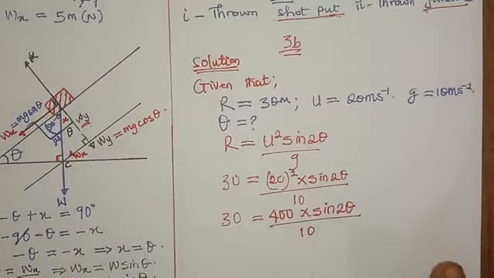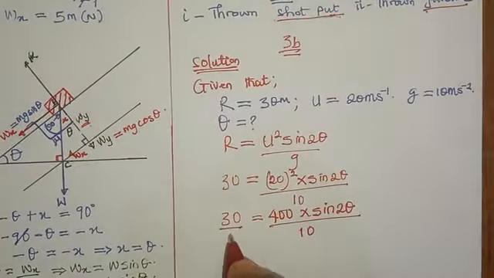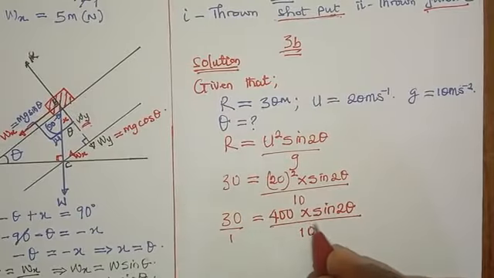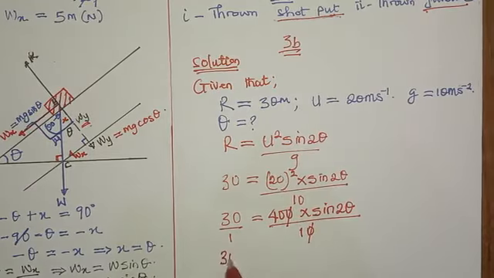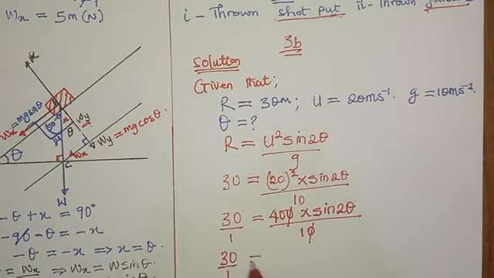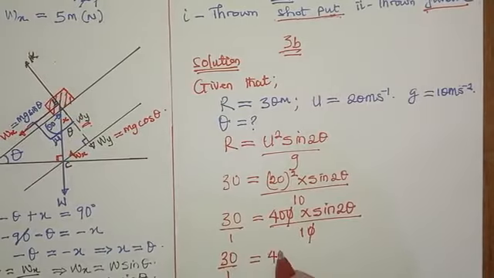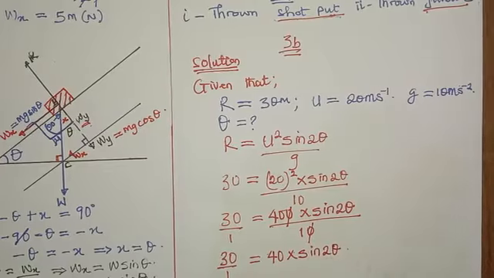Is that clear? So from here, I can decide to cross multiply, or since it is this, 0 cancels this 0. So I'll be left with 30 over 1 equal to 40 multiplied by sine 2 theta.